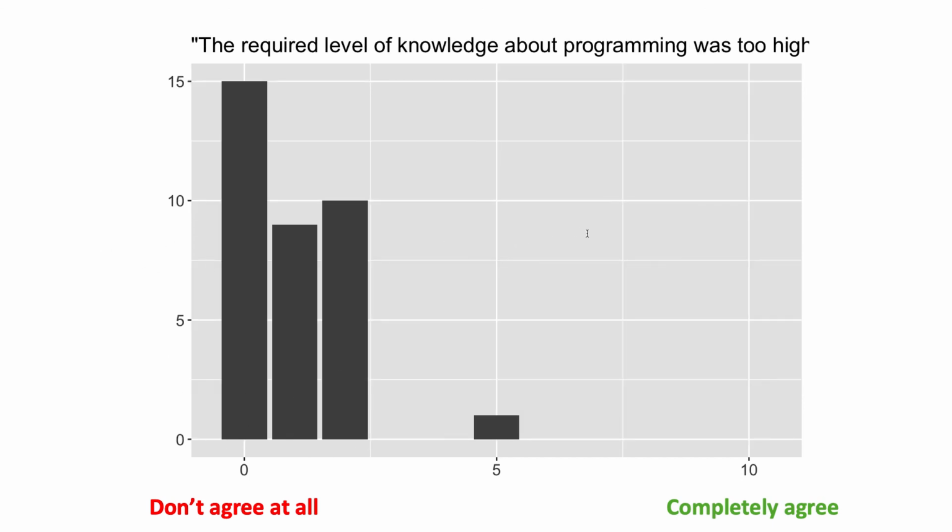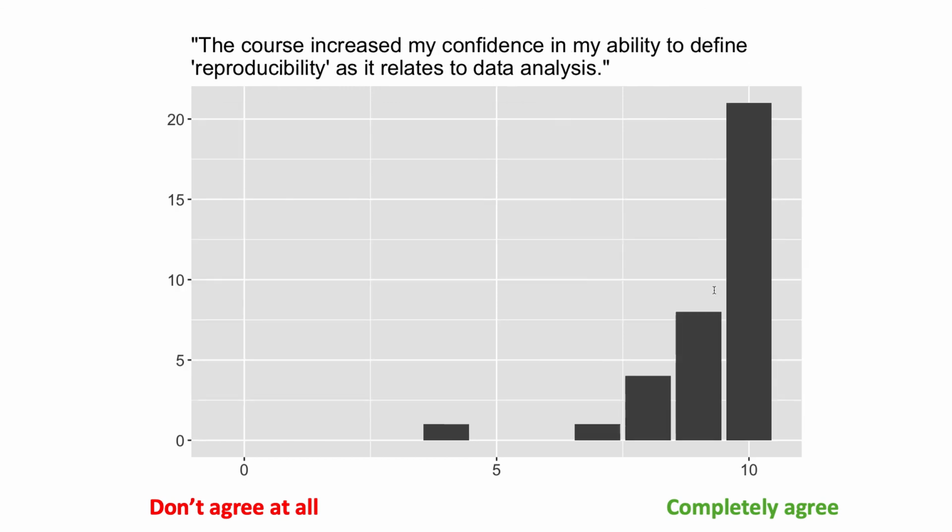But when surveyed after the course, no one felt that the required knowledge about programming was too high for them to follow. And while I like to think this is because of my superior teaching ability, I think it's more likely a consequence of the human-friendly idioms of the Tidyverse, or maybe a mixture of the two. Overall, participants felt like the course achieved its stated objectives.